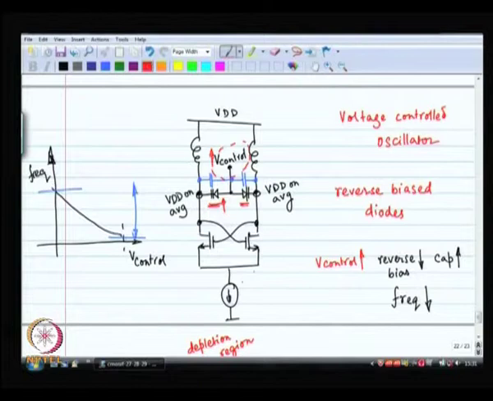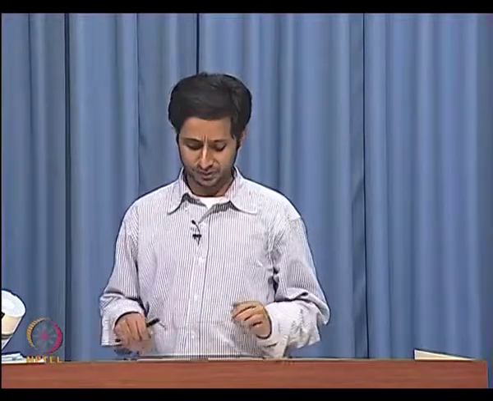There will be a digital code and that will switch some switches on and off, and as you switch some switches on and off you create more or less capacitance, whatever you want over here, and accordingly the frequency of oscillation is determined. Okay. So, those are called DCOs, these are also quite popular. VCO is something age old, this is quite popular, used routinely.